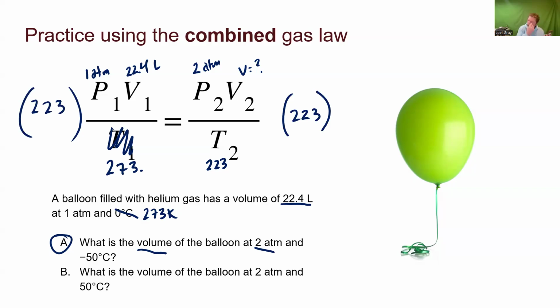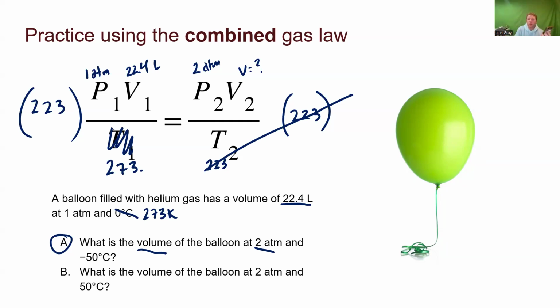And if there's any point during the algebra that you get mixed up and you're like, why? Please don't hesitate to ask. So I plugged in 22.4 divided by 273. I get that. Now I'm going to multiply each side by 223. So that's gone. And now that gives me this number.